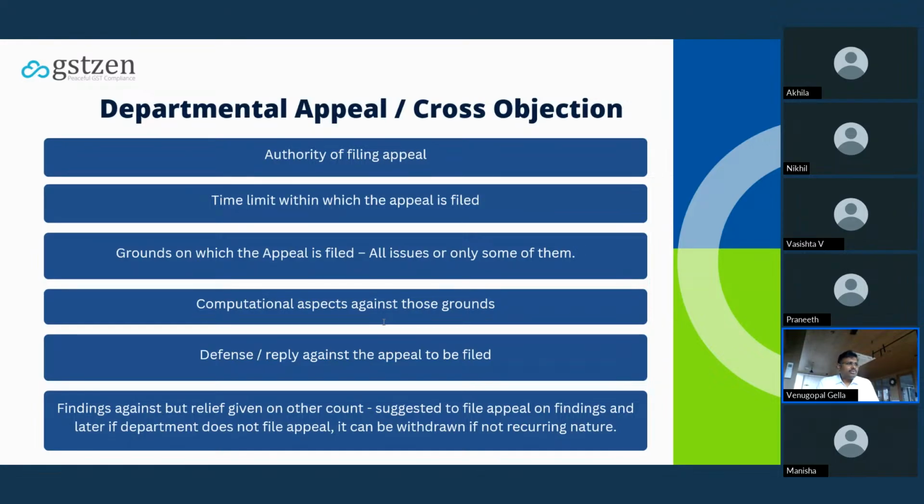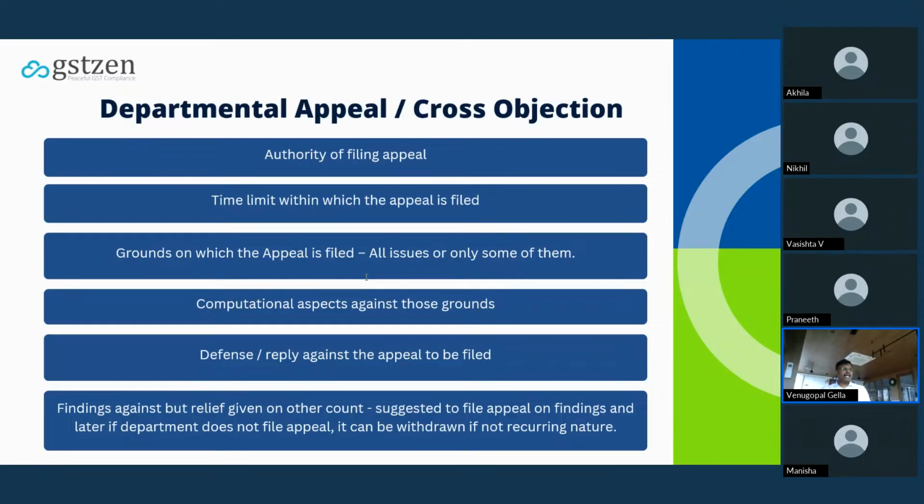Now, the defense or the reply against the appeal also has to be filed. Just because the department has gone for an appeal, it doesn't mean that their order is now going towards them. The SSC can file a counter reply or written statement. Because the department files a reply, the opportunity has to be given to the SSC. Now there could be findings against, but relief could be given on other grounds.